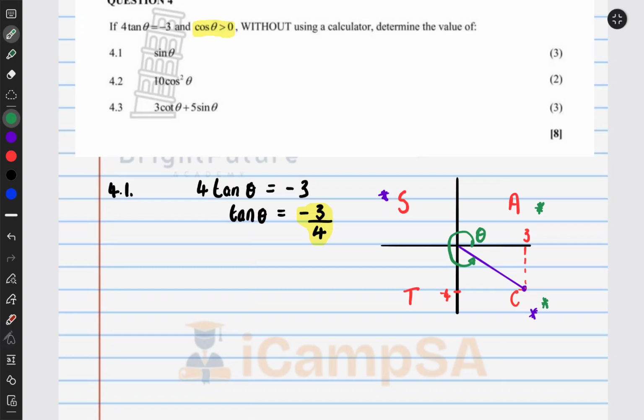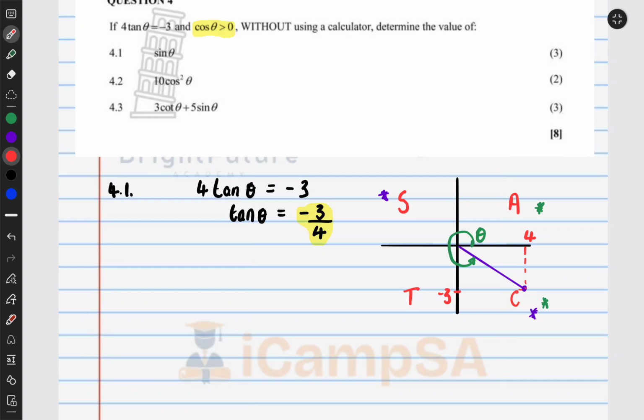Let's see. No, actually here this is gonna be 4. Yeah, I made a slight mistake there, and this is gonna be negative 3. Yeah, that is the proper way, because 3 is our opposite side, and then 4 is the adjacent side. So I made a slight mistake there. So we're gonna have negative 3 over 4. Yeah, it's just like that.